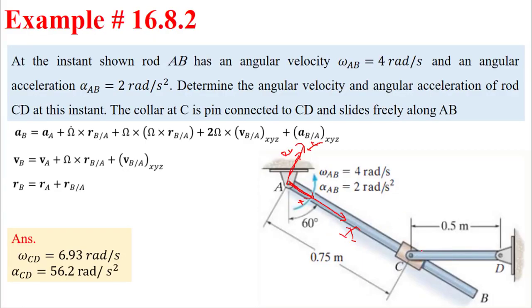We know very well that the point C has velocity direction perpendicular to the link DC.